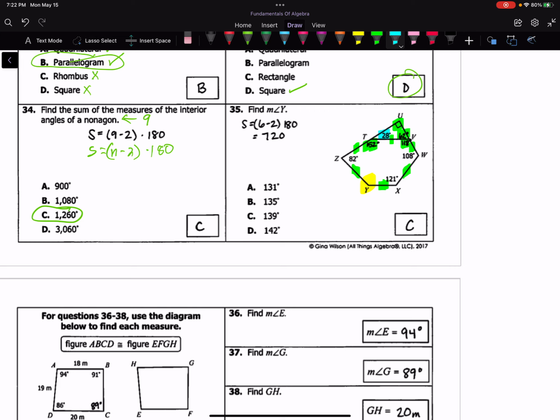They're supplementary. So now we have all of our interior angles defined, except the last one. We then take our formula and check that the total has to be 720, and we subtract all of these degrees that we know, and we end up with 139.